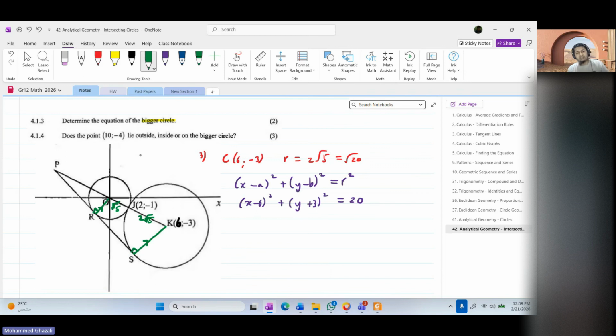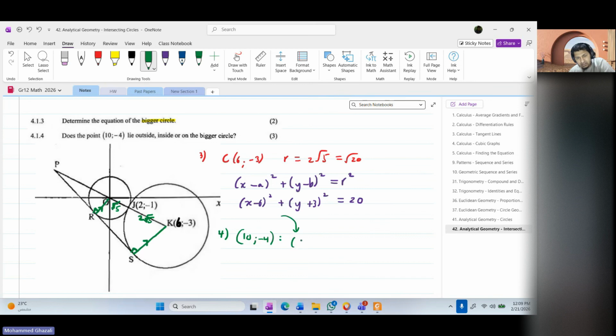Does the point 10 and -4 lie outside, inside, or on the bigger circle? Now it's important, this question here, just say the point is 10 and -4. So we will substitute 10 and -4 into the left-hand side of the equation of the circle.